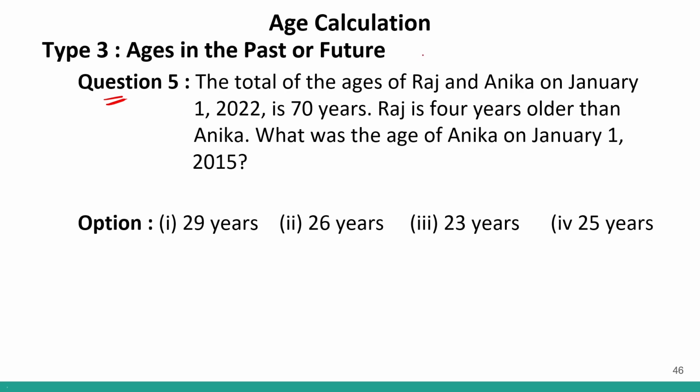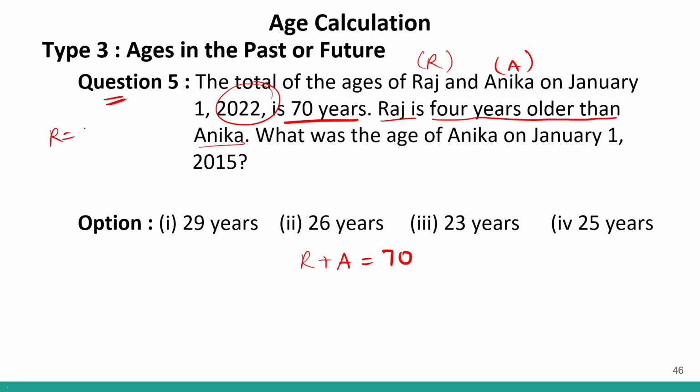Now, question number 5. The total ages of Raj and Anika on January 1, 2020 is 70 years old. Okay. So R and A symbolize Raj and Anika's age in which year? 2020. So R plus A equals 70. This is given in the question. Now Raj is 4 years older than Anika.